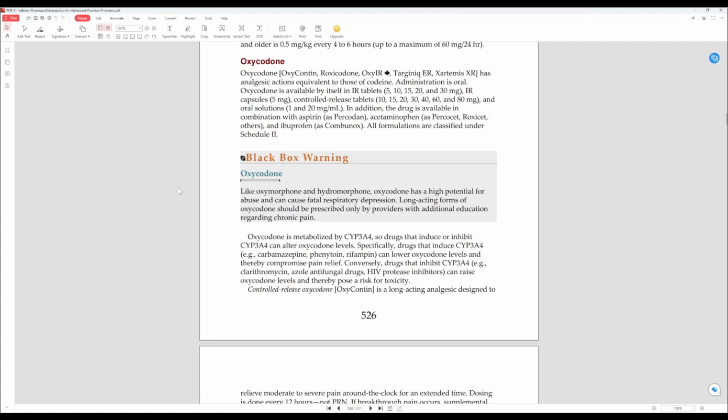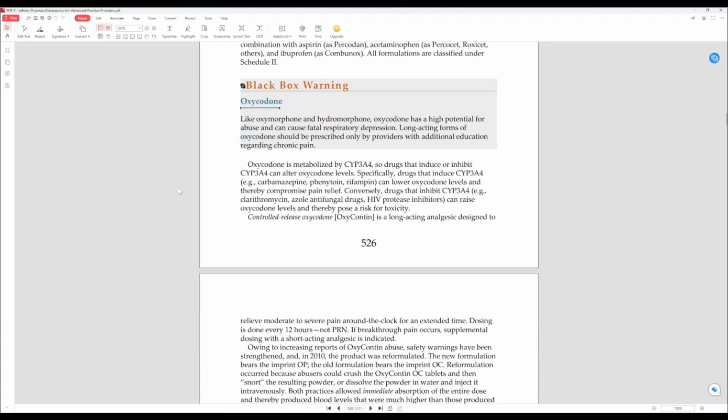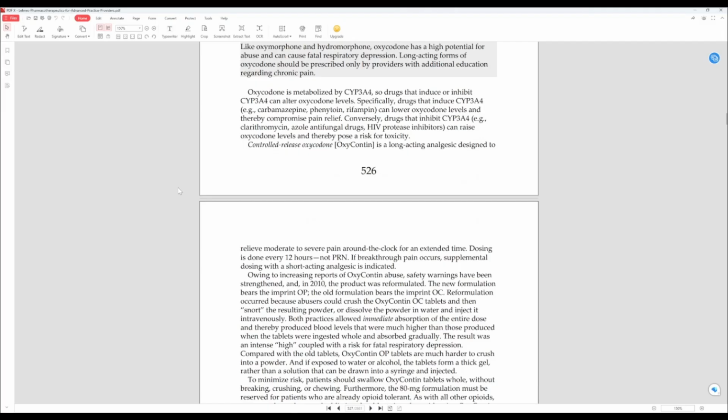It also comes with a black box warning. Oxycodone, like oxymorphone or hydromorphone, has a potential for abuse and can cause fatal respiratory depression. Long-acting forms of oxycodone should be prescribed only by providers with additional education regarding chronic pain.